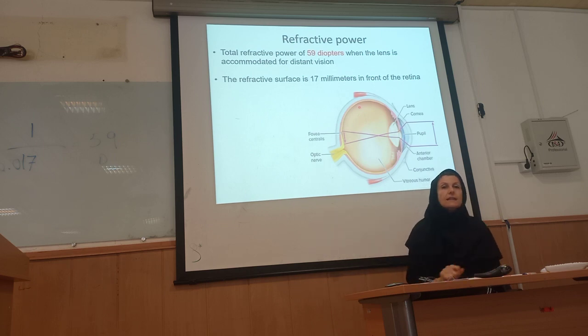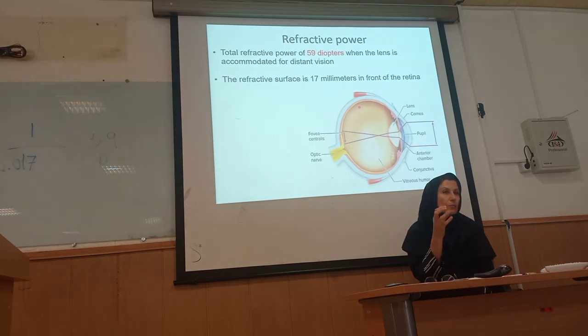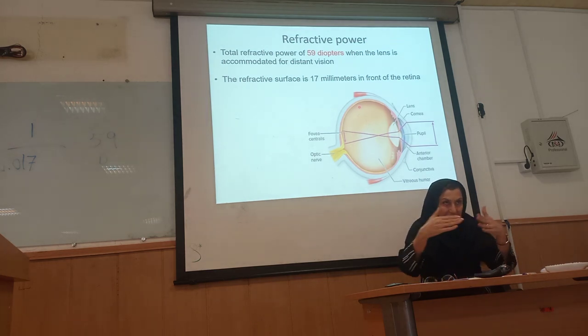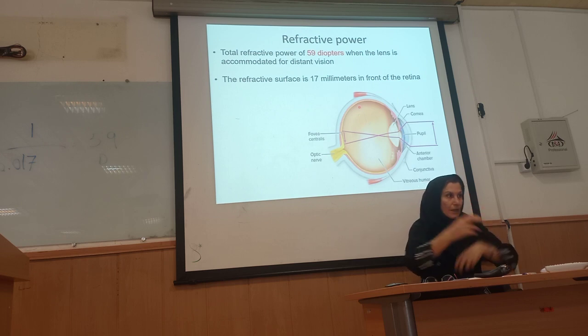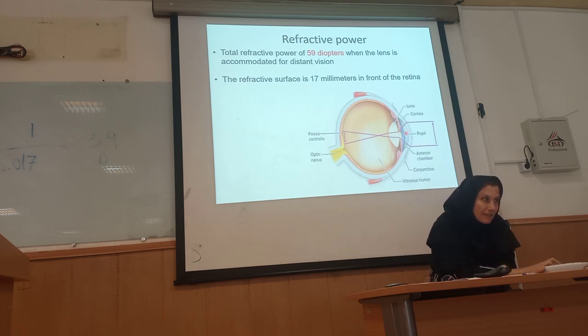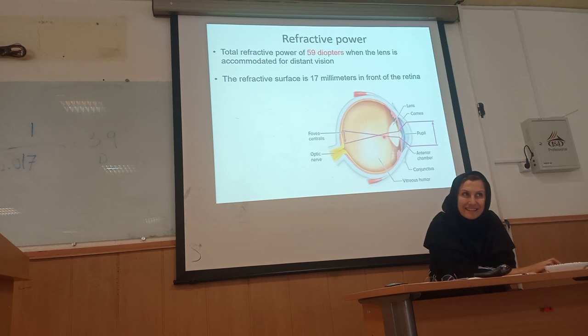Okay, which one has more power for bending? Lens or cornea? Which one? Lens. But you can see here, when these rays reach the cornea, the bending is more than at the lens. So cornea is more important.